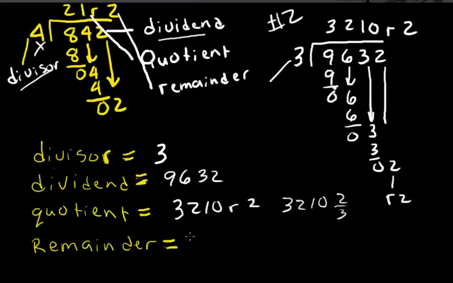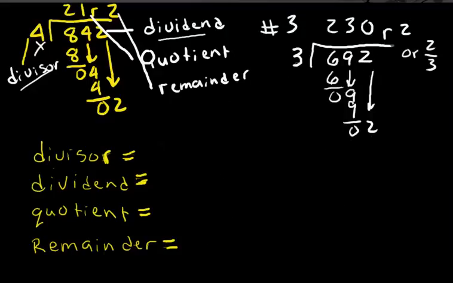Okay, and then finally our remainder down here, and that's just what we had left over at the bottom. And in this particular case, our remainder was 2, or really 2/3. Okay, and that's practice problem number 2. We're going to move on to practice problem number 3. Okay, here we are again.